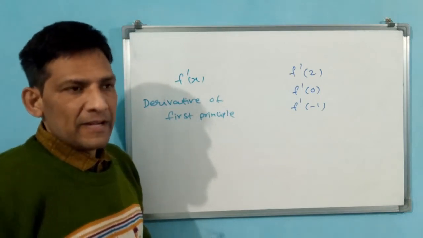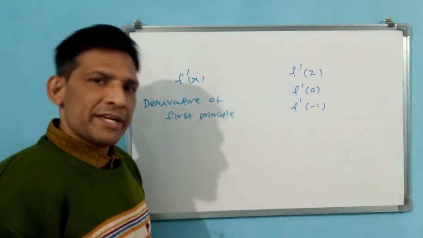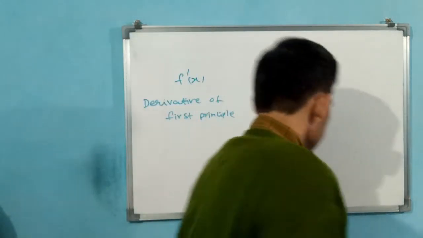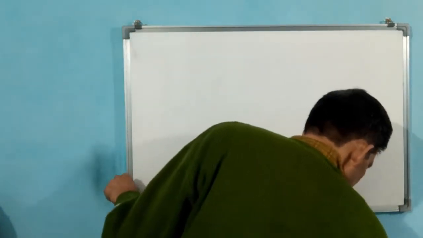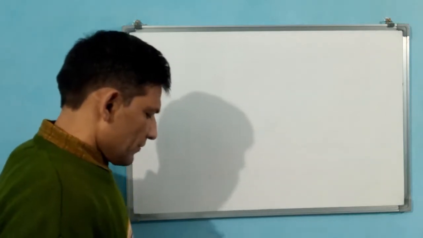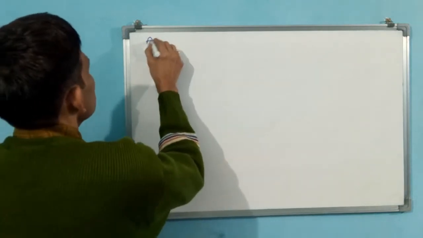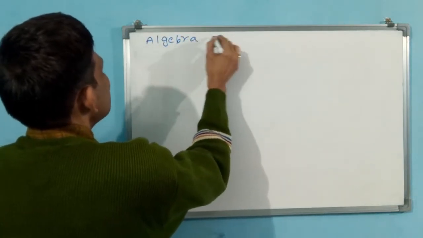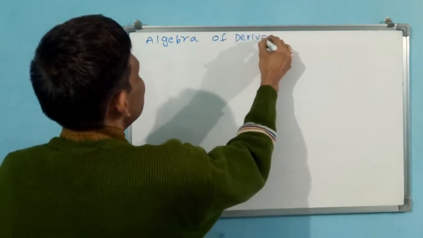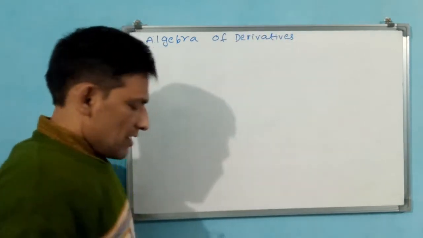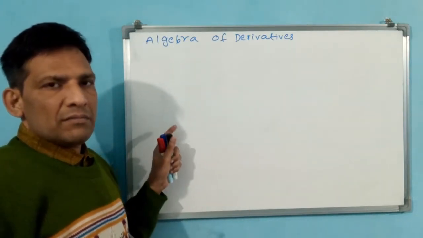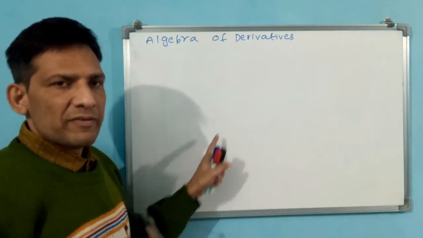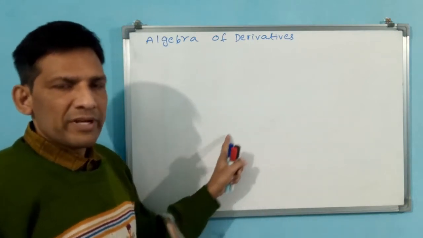Now let us go for the algebra of derivatives. See, in the algebra of limits we have seen the limit of the addition of two functions: limit of f of x plus g of x is equal to limit f of x plus limit g of x.